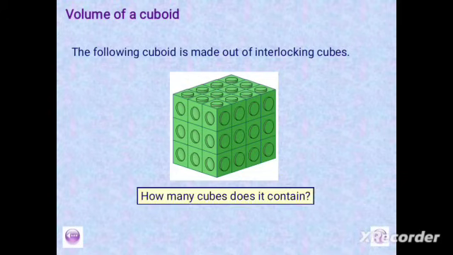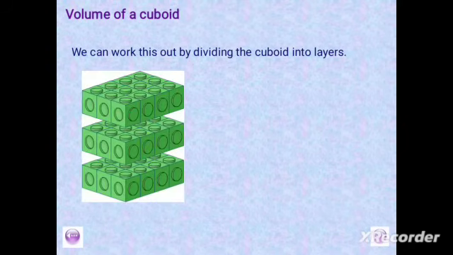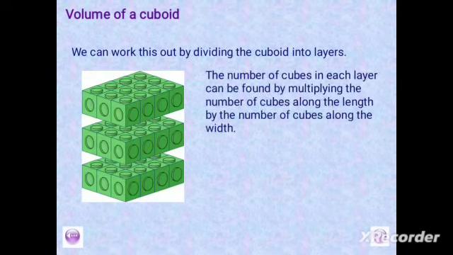You may be asking yourself how many cubes are contained in this cuboid. We can work this out by dividing the cuboid into layers. The number of cubes in each layer can be found by multiplying the number of cubes along the length by the number of cubes along the width.